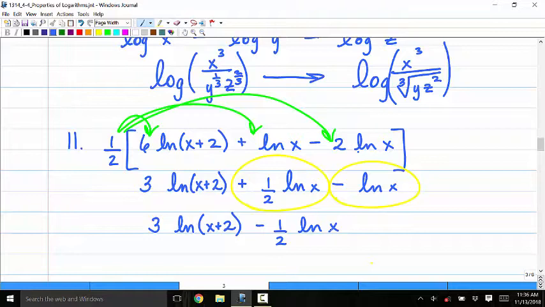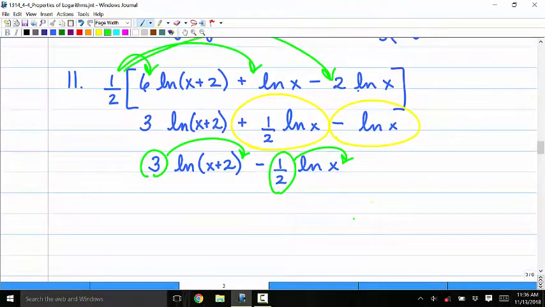What do I do to the numbers out front? They need to go back up as exponents. So I have ln of x plus 2 cubed minus ln of x to the 1/2.